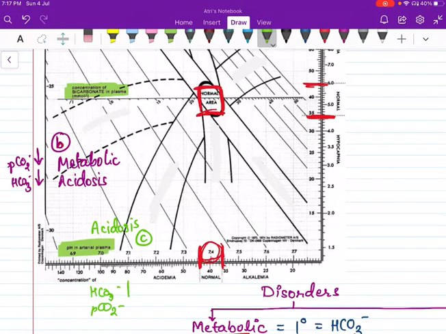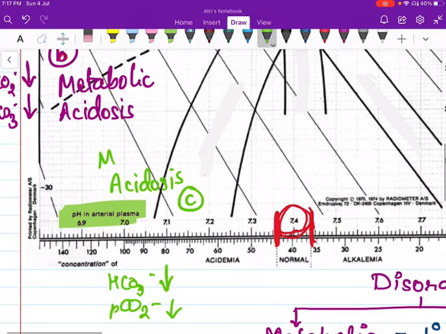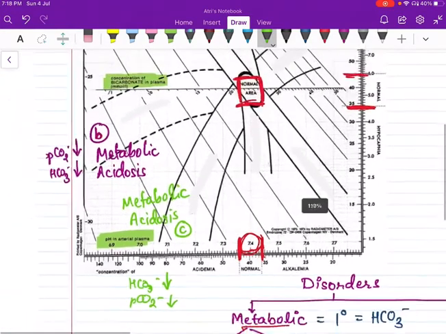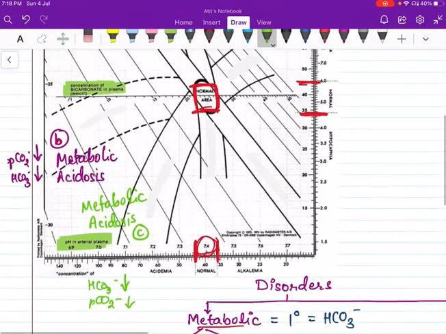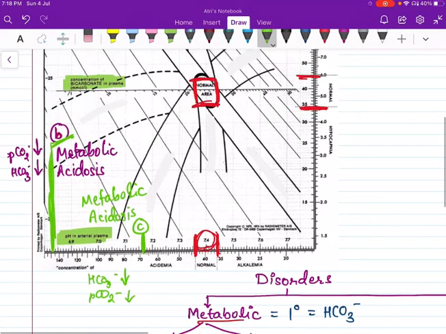So bicarbonate low and PCO2 also low. So again, this is also metabolic acidosis, but more compensation has taken place. So the fall in PCO2 is greater than point B. As we can see here, the pH has also come more towards the physiological pH. So point B and point C both are metabolic acidosis.